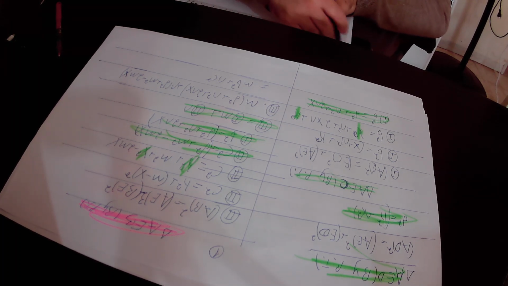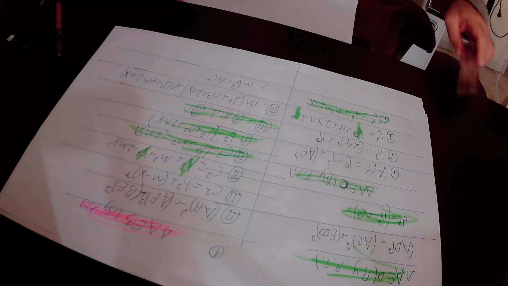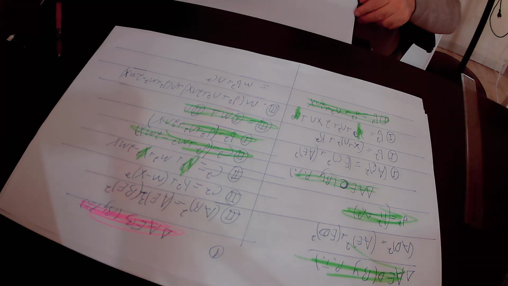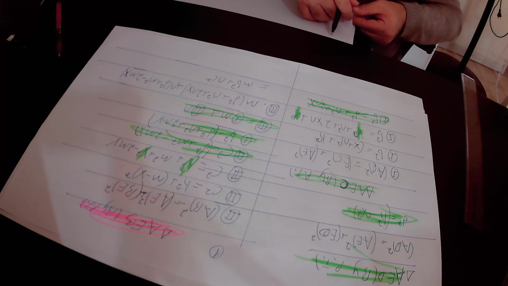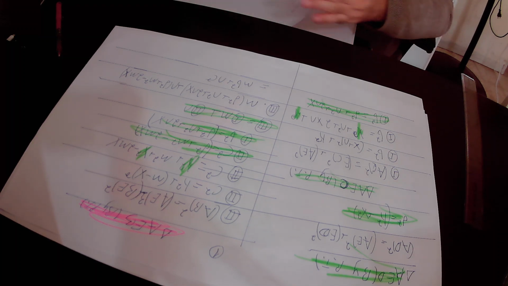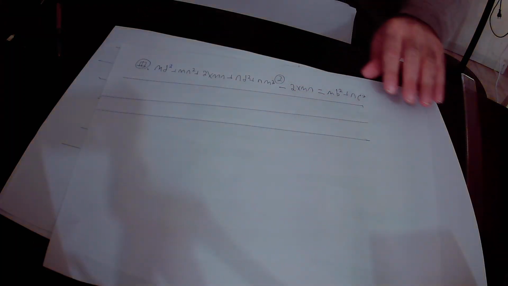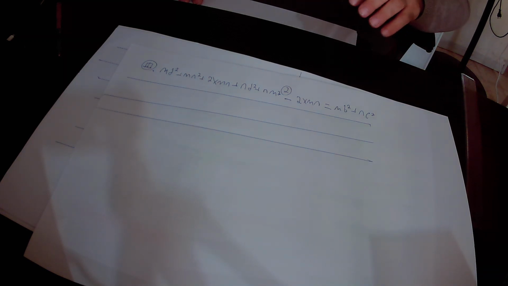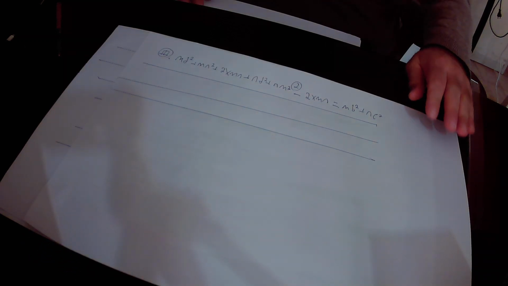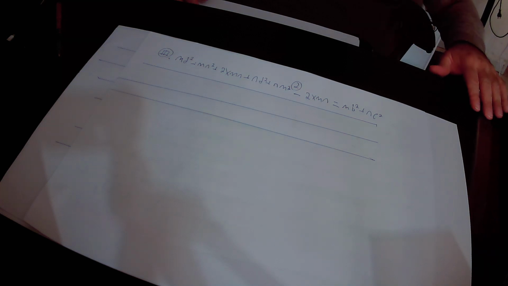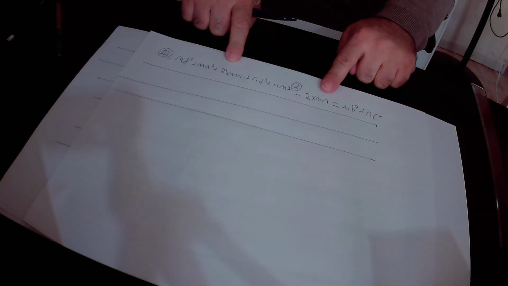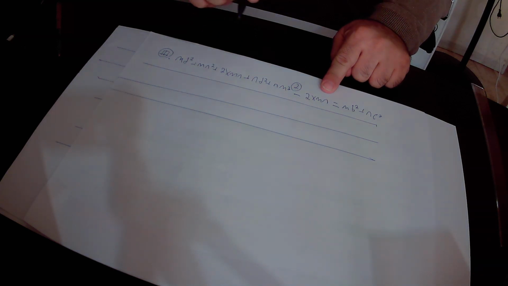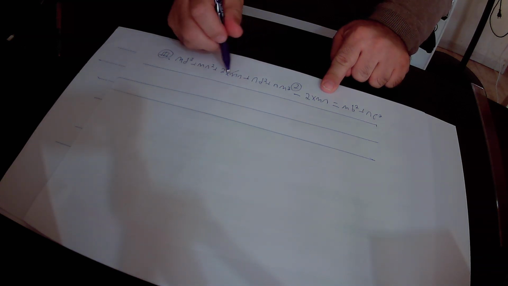So this is equation number 3 after we open the brackets. In this equation we have plus 2xmn minus 2xmn, which is 0, so those two expressions get cancelled.